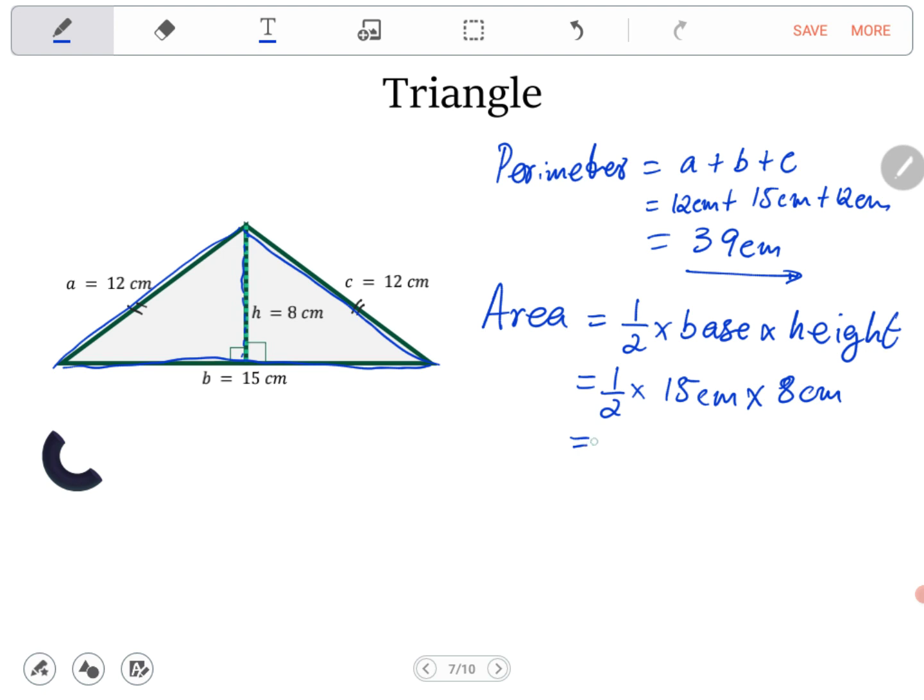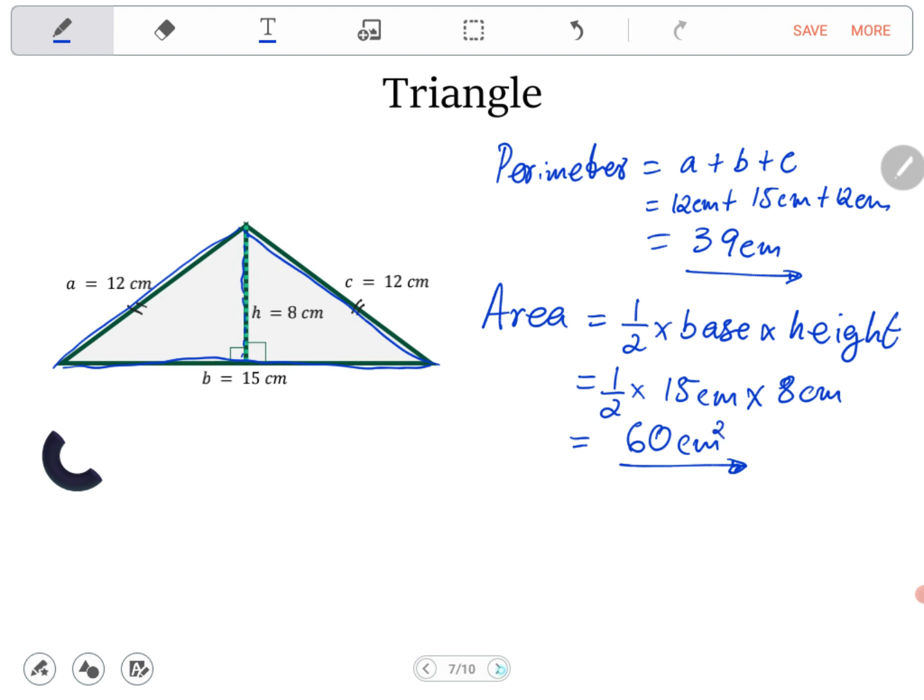All right, so now we have 15 times half times 8, this will give us 60 centimeters. All right, so that's basically it about the triangles. So it will give us 60 square centimeters.